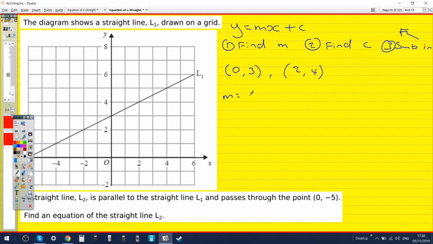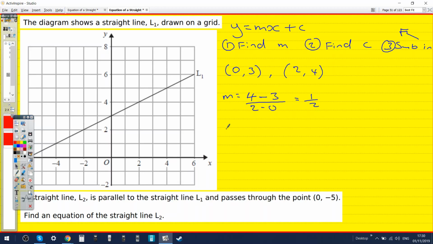4 minus 3 is y, which is 1, and 2 minus 0 is 2, so 1 over 2 is the gradient. Then do we have to find m? Do we have to sub in one of the coordinates into the equation?